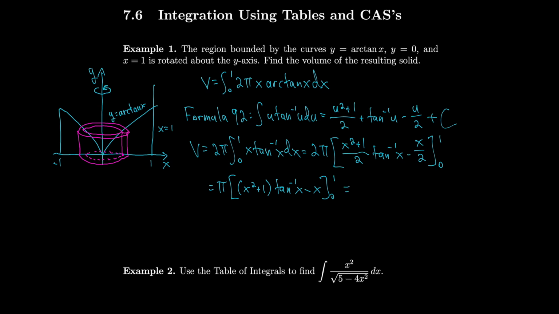We get pi times 2 tan inverse of 1 minus 1, because there's no contribution from 0. So that becomes pi times 2 times pi over 4 minus 1, which is half pi squared minus pi.